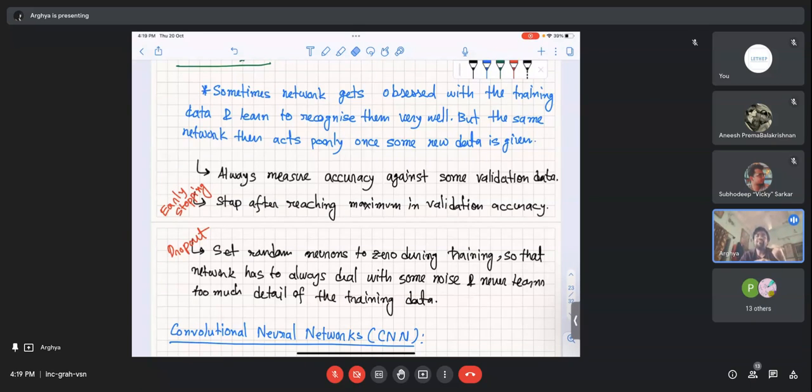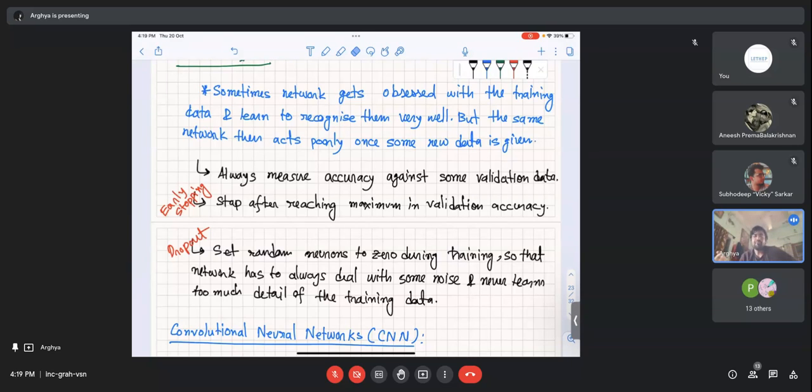So there is always noise that the network has to handle. There's always some extra or reduced information that the network has to handle, and that is random. So in some sense it knows that something exists beyond this training set as well. So sometimes dropout works better.